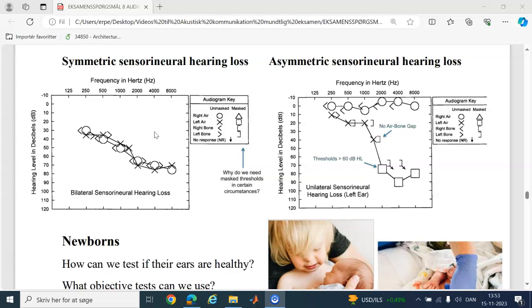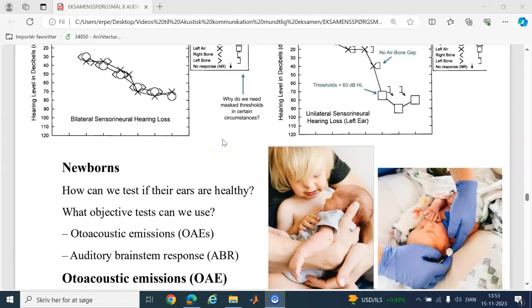The right ear has less hearing loss, and the right ear and right bone have almost the same values, not much hearing loss. So we conclude here that there is a unilateral sensorineural hearing loss at the left ear.